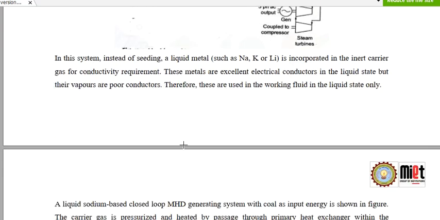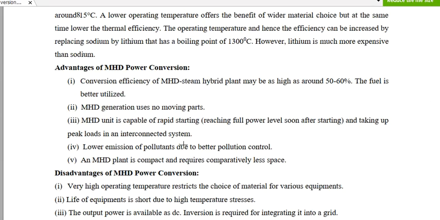So in both types of closed cycle systems, only the working fluids are different, but the working is almost the same.